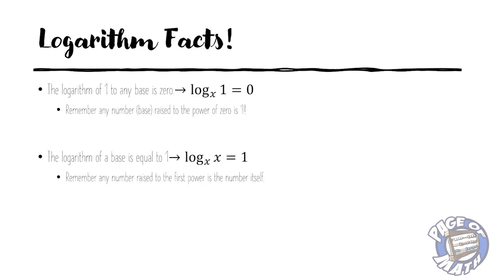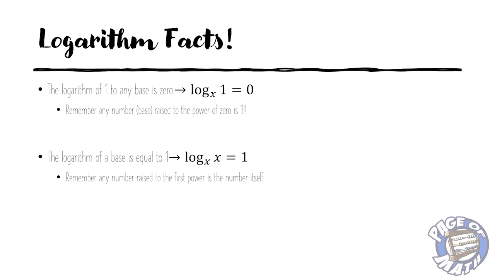Now, there are some facts from logarithms that will be very useful when we go into the next lesson. The logarithm of 1 to any base is 0. Keep in mind that in indices, you learned that any number raised to the power of 0 is always equal to 1.